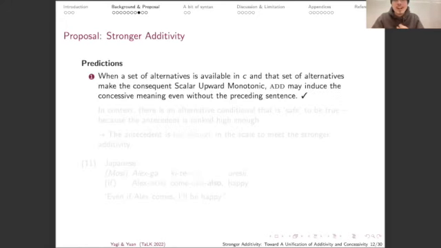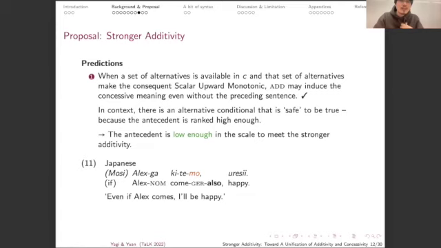Okay, so what kind of prediction do we make in this proposal? The first prediction is that when a set of alternatives is available in C and that set of alternatives makes the consequent scale upward monotonic, additivity may induce the concessive meaning even without the preceding sentence. For instance, in the first example, we saw the one, two, or three Italian example, where concessivity can be induced even without the preceding sentence. So why is this?